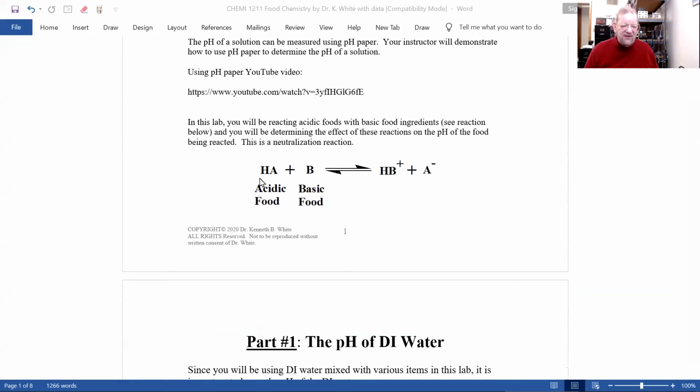When you react an acid, HA, with a base, it reacts in equilibrium, but let's assume it's a strong acid or base, and the equilibrium shifts mainly to that direction.